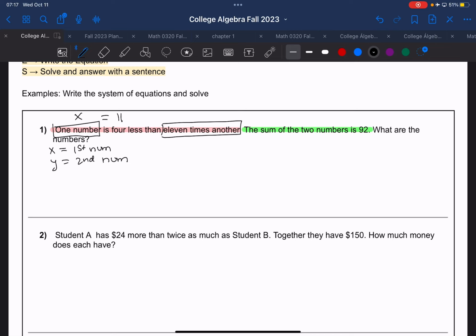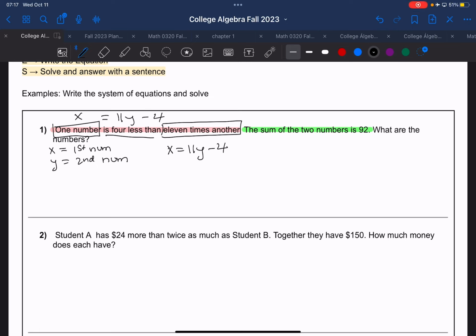What other variable did we use? Y, because we're talking about two numbers in this equation. And then it says 4 less. So anytime you see 4 less than, or let's say 4 more than, that comes after that second part, so minus 4. Okay, so that means the first equation we have is X equals 11Y minus 4.